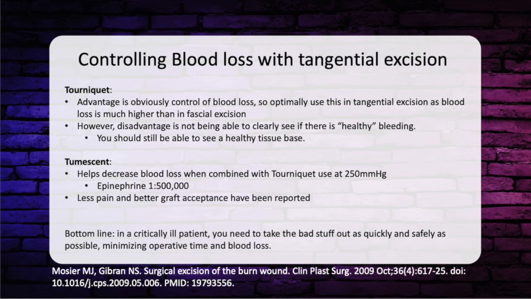Proponents of the technique will tell you that no matter what, they can still determine healthy tissue base if you do a tangential excision, and that can be true, but opponents will argue otherwise. Bottom line, these patients are critically ill. You need to take all the bad stuff out as quickly and safely as possible. And you want to minimize operative time and also minimize blood loss.